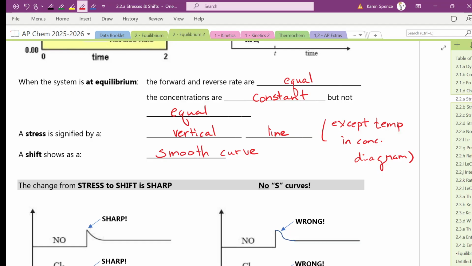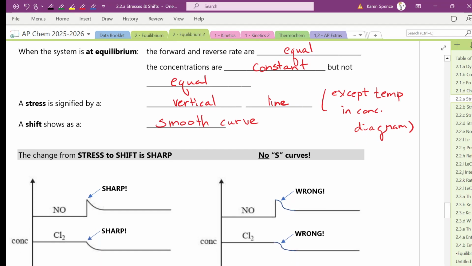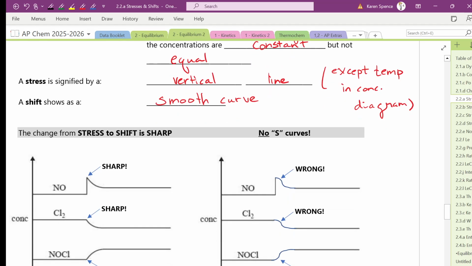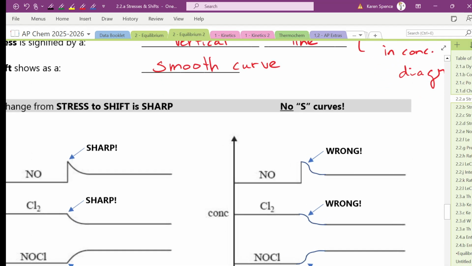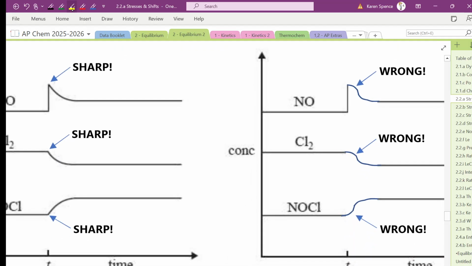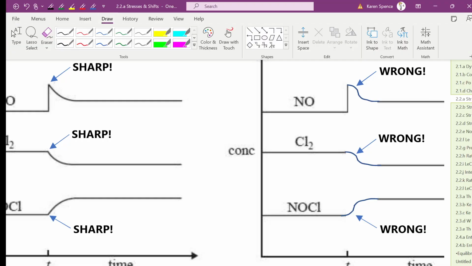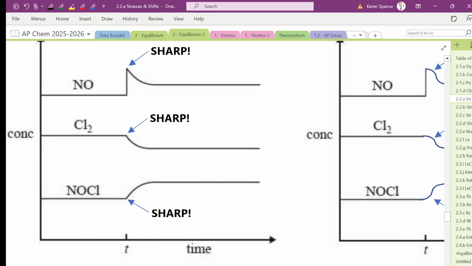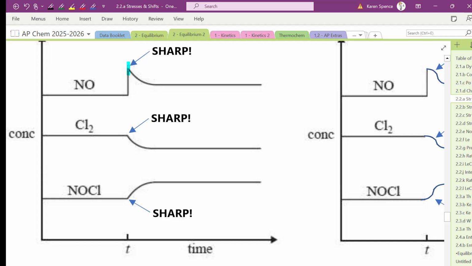Now, I don't know exactly how to put this, so I've done my best. Basically, you need that rate of change to be the fastest at the beginning. So when we look at this, these are good. You get these little sharp points here, and that's because you have the fastest rate of change at the beginning of the shift.